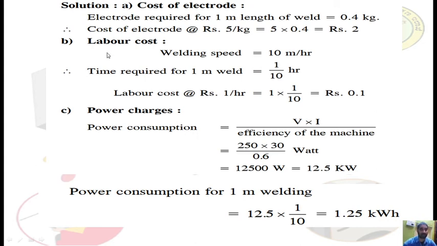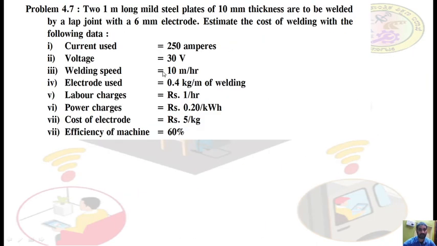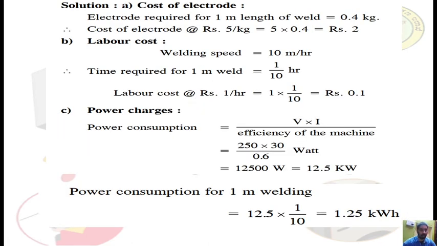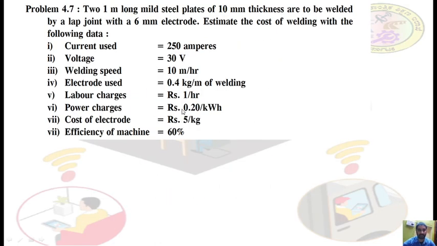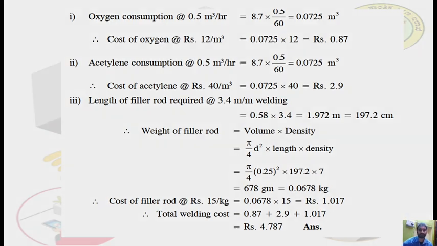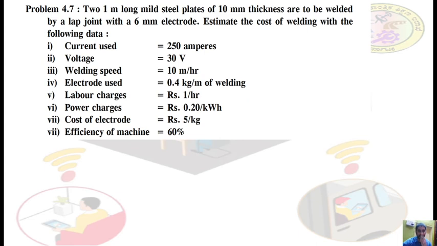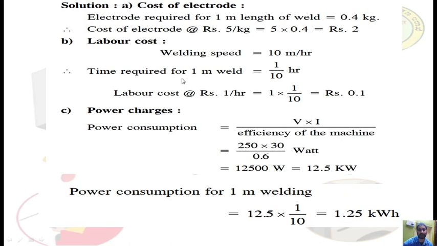Then labor cost. Labor cost you can see here. It is given as ₹1 per hour. The welding speed is 10 meter per hour. That means in 1 hour we can weld 10 meter, but we have to weld only 1 meter.